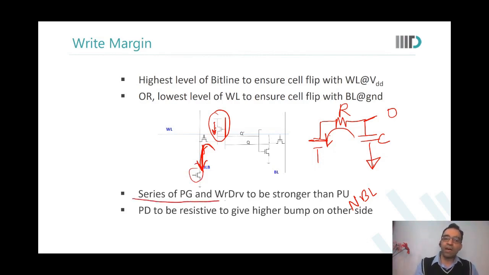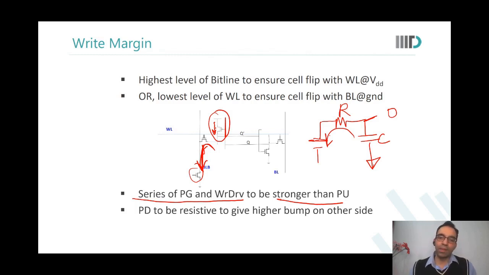That the series of pass gate and write driver has to be stronger than the pull up. Are you able to see this constraint? Yes, sir. Okay.